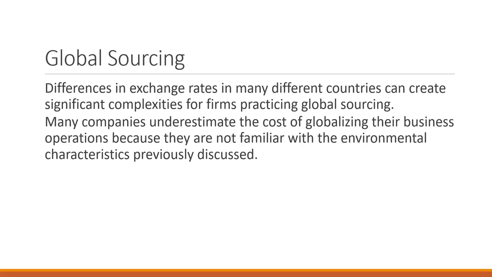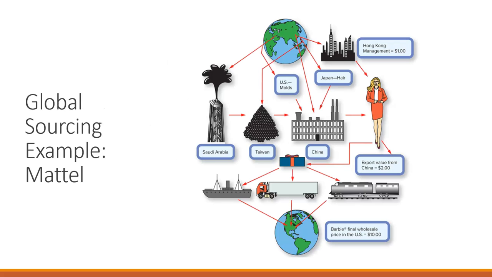Global sourcing. So global sourcing is when we get parts from multiple countries or multiple organizations. The differences in exchange rates from different companies can create a lot of pricing differences and costing differences between different products. And we're going to look at an example of a product on the next slide. So we have Barbie.